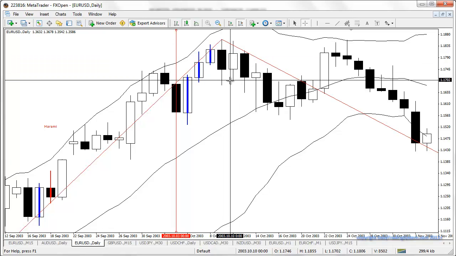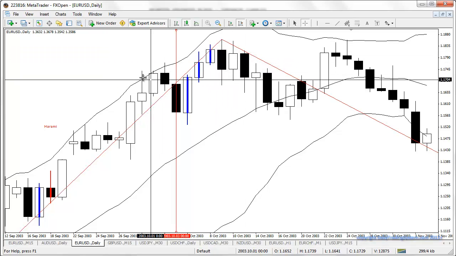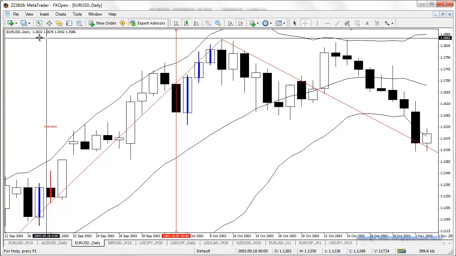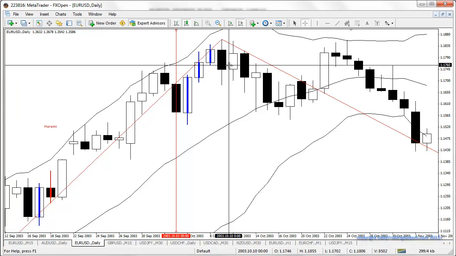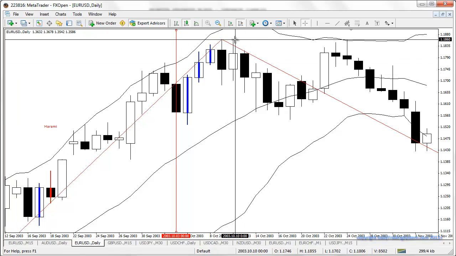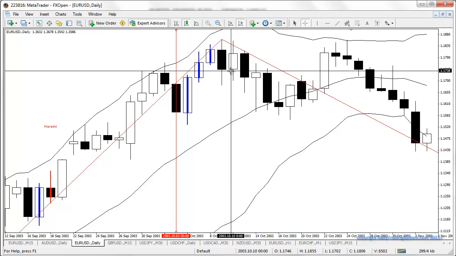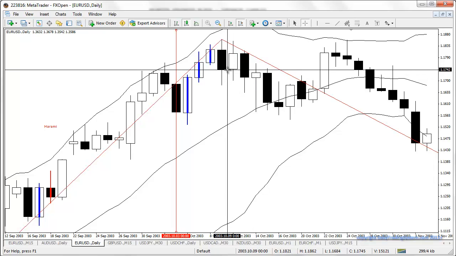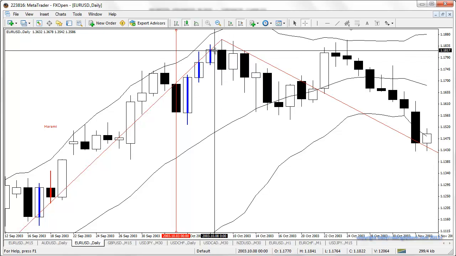So this would have been an iffy one, but over a period of a few days it actually does come into your favor. So don't try and be too skittish when you start seeing this go the other way. I mean, you're going to have your stop quite high anyway. You'll be going short at this particular point right here, or you could actually go ahead and take the long.